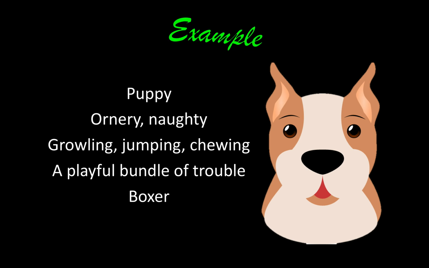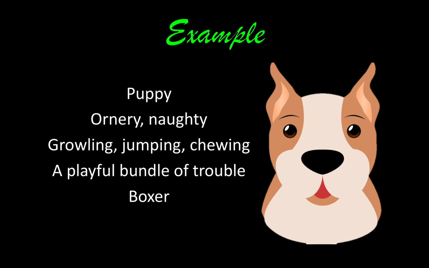All right, let's try another one. Puppy, ornery, naughty, growling, jumping, chewing. A playful bundle of trouble. Boxer. All right, so again, let's look at the first and last line, puppy and boxer.